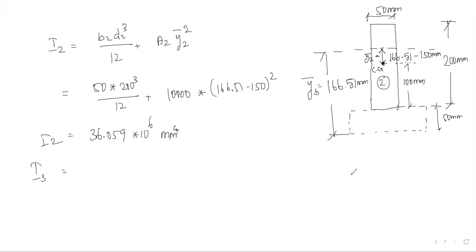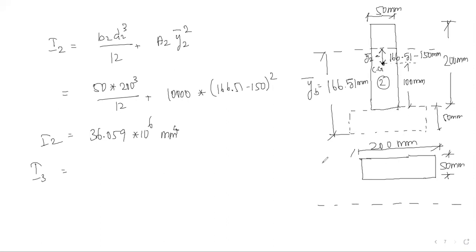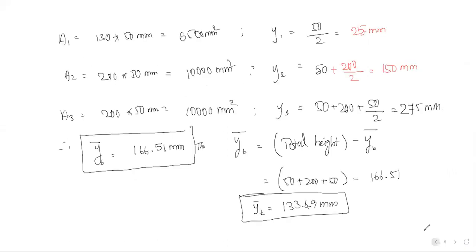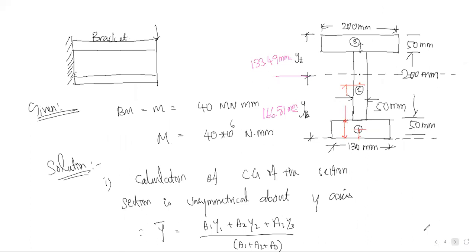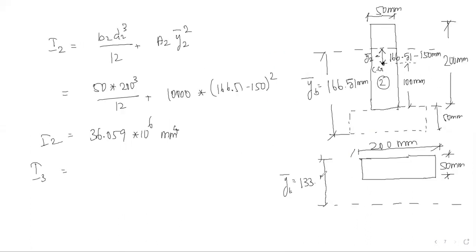Next I3. So I3 is nothing but the top. We have another plate, 200 mm by 50 mm. The top fiber lies here, at 133.49.